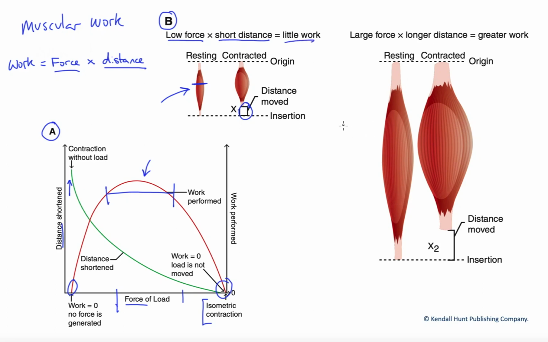A much larger muscle over here has a much larger cross-sectional area, more cross bridges possible, greater tension, larger force. And of course, because it has more linear sarcomeres, each one shortening some fraction of a micrometer, we get a much greater distance shortened. And of course, larger force times longer distance equals much greater work for these larger muscles.